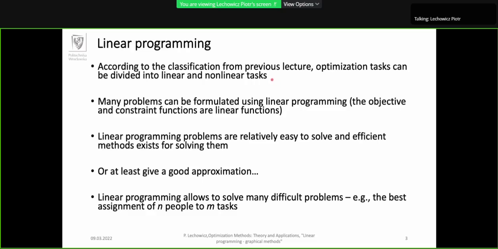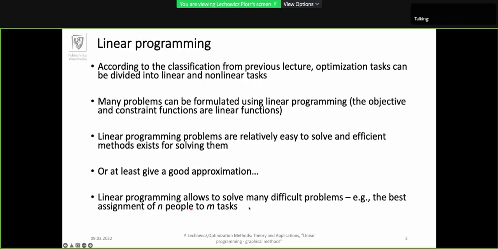In the linear programming problems, both the objective function and the constraints are linear functions. And as I said, many efficient methods exist to solve such problems. And in fact, many difficult problems can be expressed as linear programming problems.